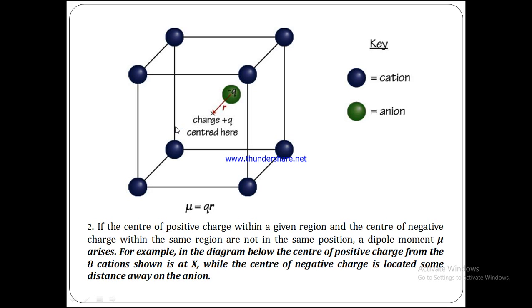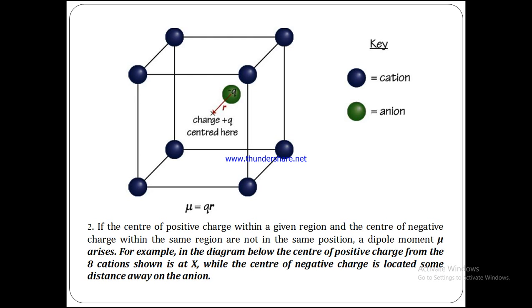If the center of positive charge within a given region and the center of negative charge within the same region are not in the same position, a dipole moment mu arises. For example, in the diagram, the center of positive charge from the 8 cations is shown at x, while the center of negative charge is located some distance away in the anion.